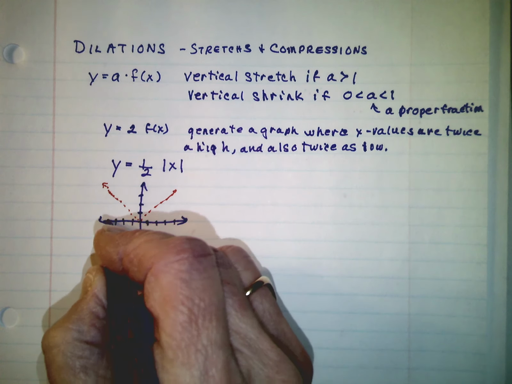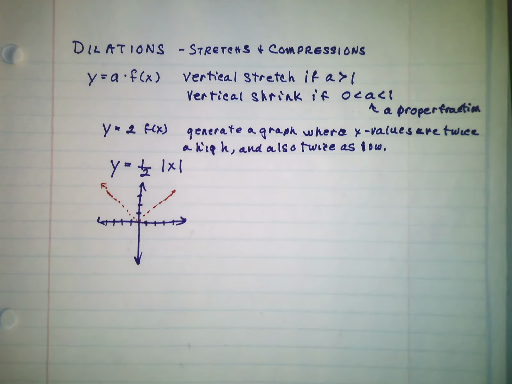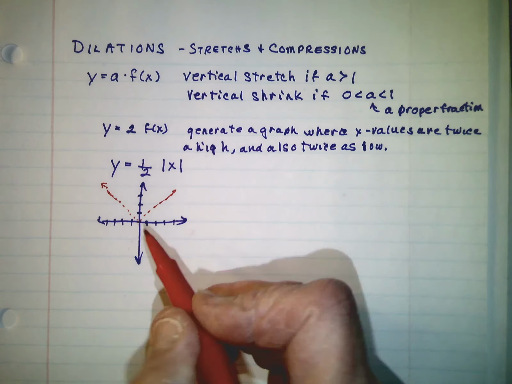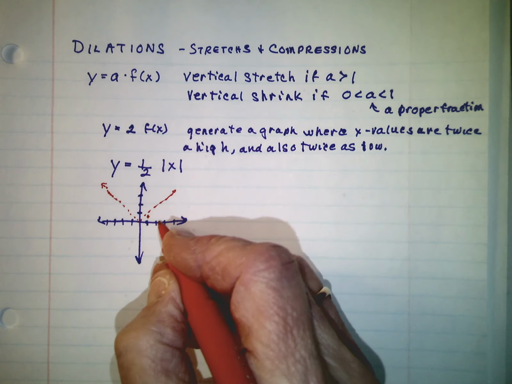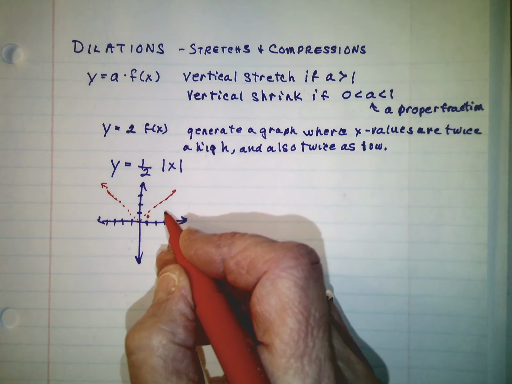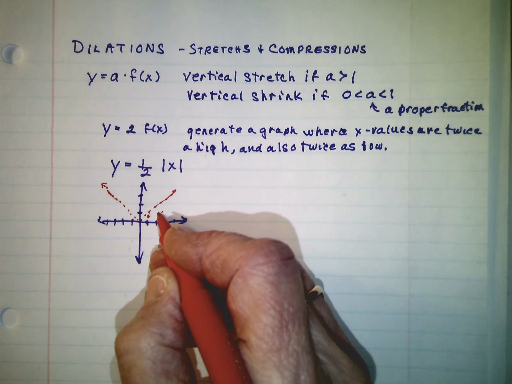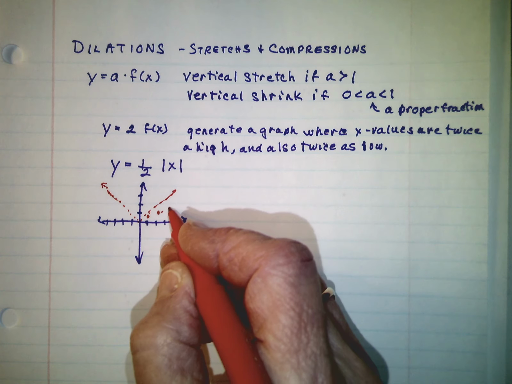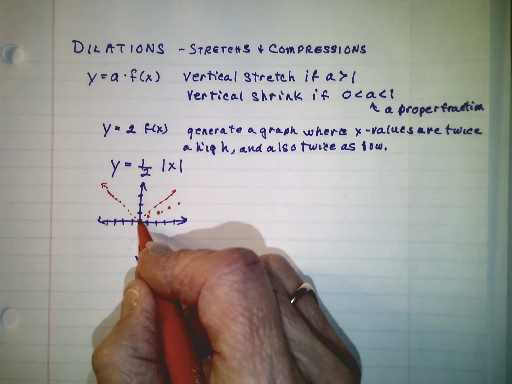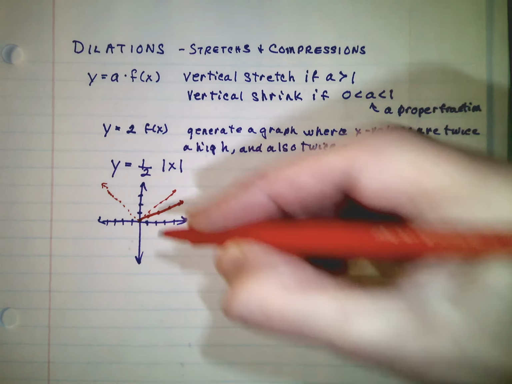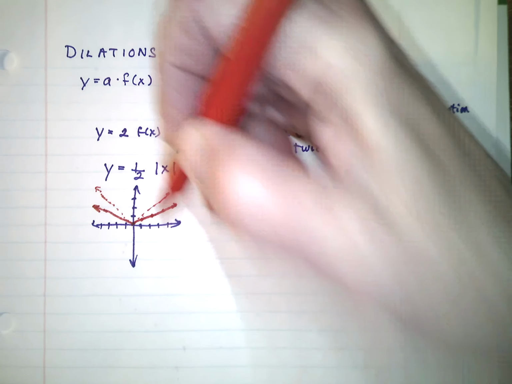But if we're going to cut all the y values in half, that means when x is 1, the absolute value is only going to be 1/2. And when x is 2, it's only going to be 1. And when x is 3, it's going to be 1.5. And when x is 4, it's only going to be 2. So the graph, the y values, are going to be only half as high.